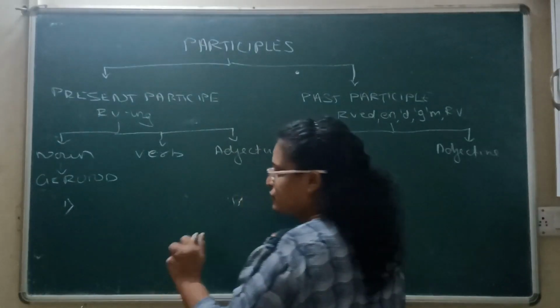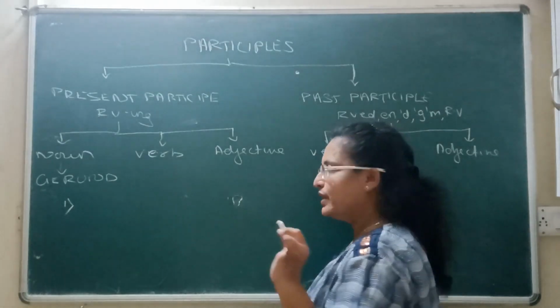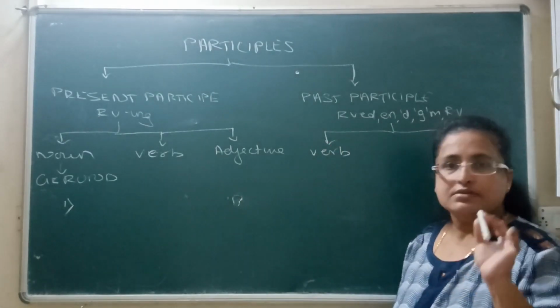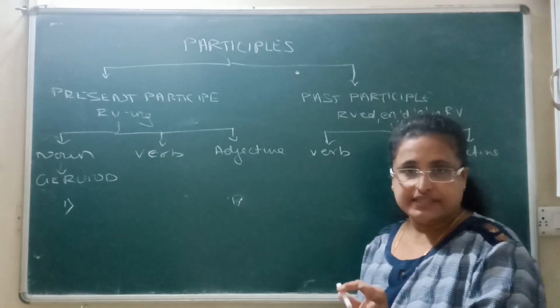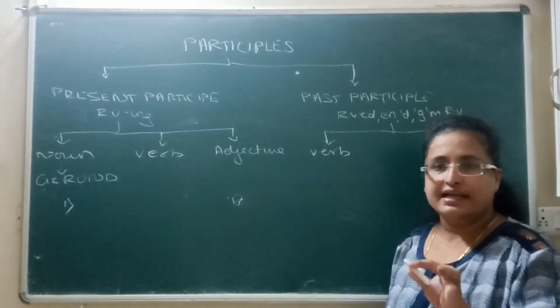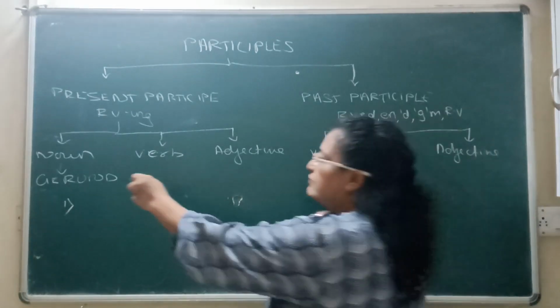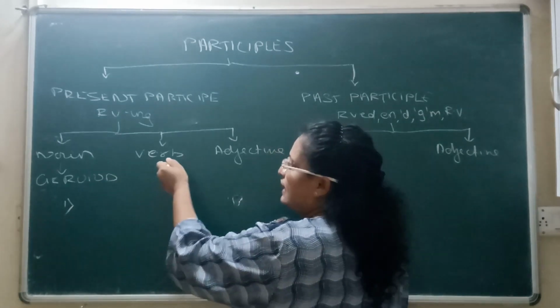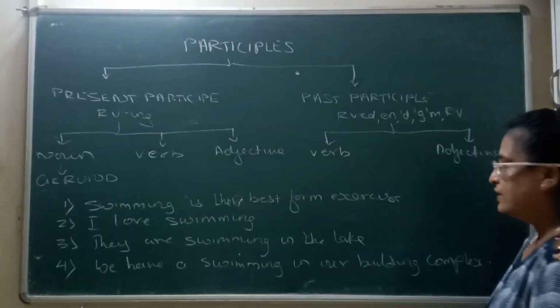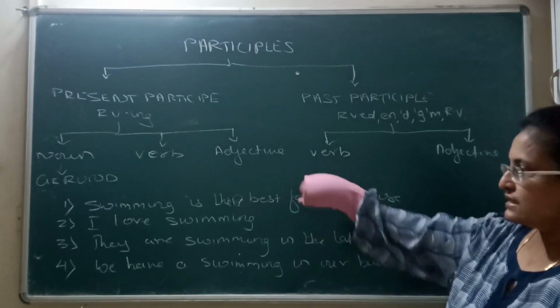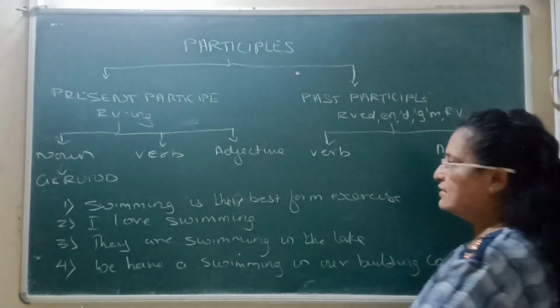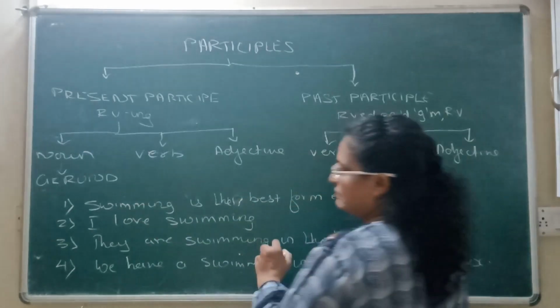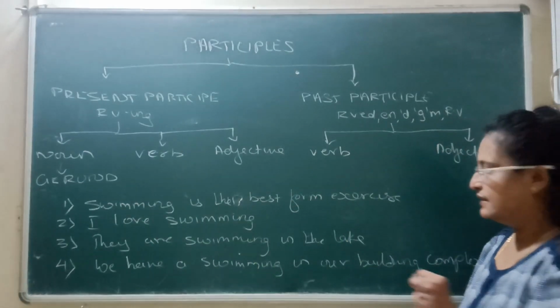See here now. Three sentences I am giving you in which I am using the word swimming, which is in ing format, and how I am using that ing format in all three functions. That is, in one it is in the function of gerund, another verb and adjective. Now in these examples, you will see swimming, that is, present participle we have taken.